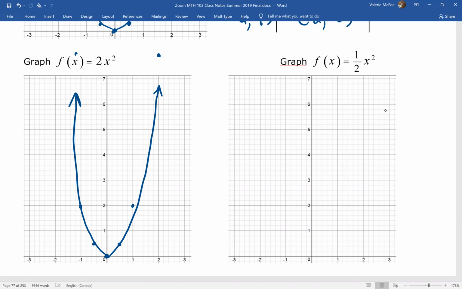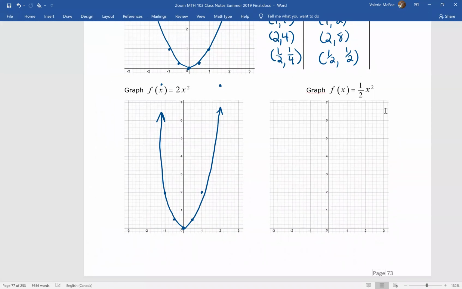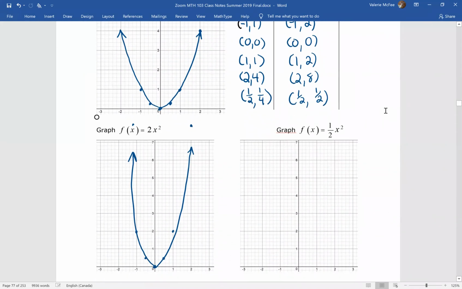Now, if you look at that in comparison to our basic function, you can see that it looks taller, thinner. We say that this graph has been vertically stretched. And this makes sense. When you multiply a number by another number greater than 1, you're going to have faster growth.